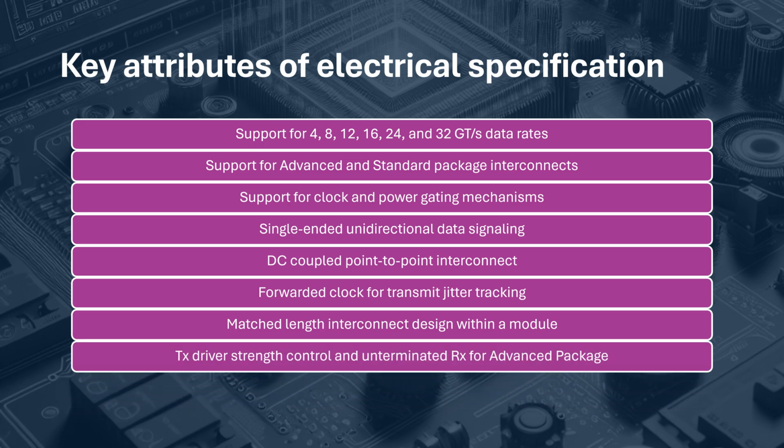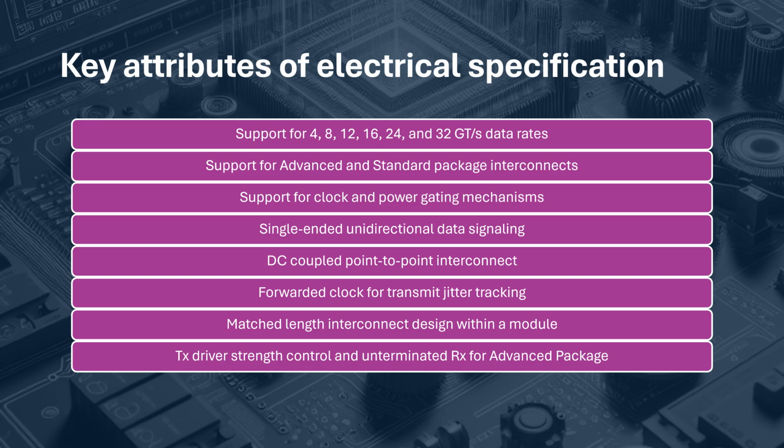Driver strength control and unterminated receiver for advanced package. Traditionally, data receivers have termination resistors placed at the end of the interconnect to absorb reflections and ensure proper signal levels. In some advanced packages, the receiver might not have termination resistors.